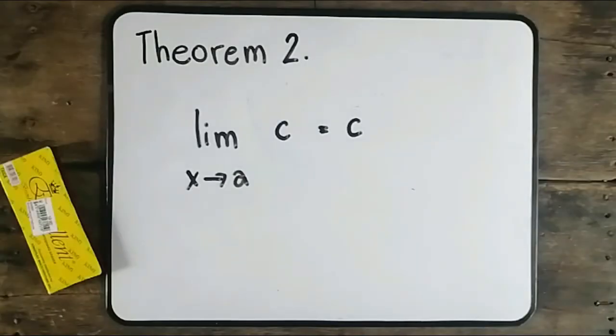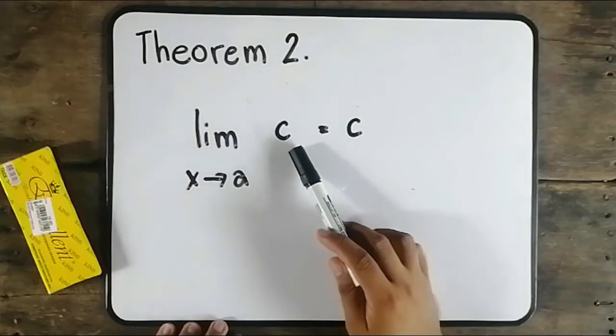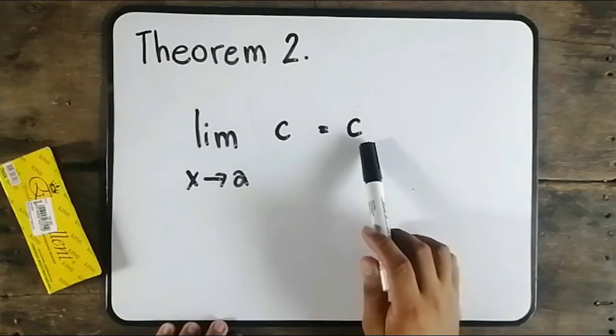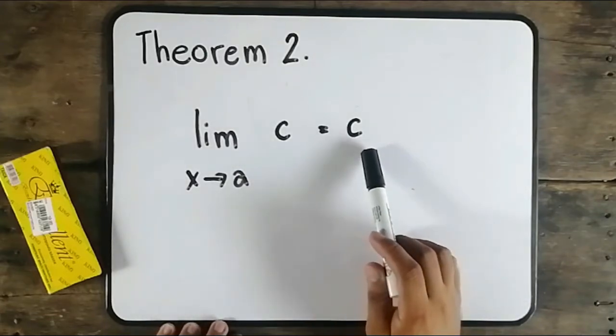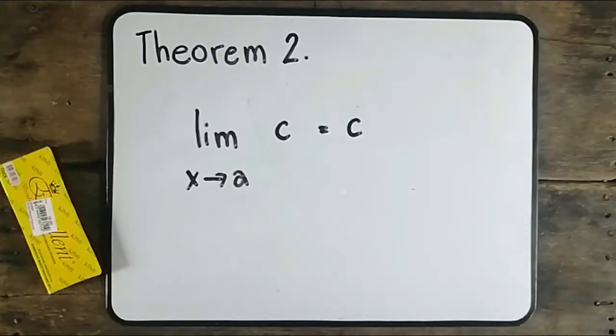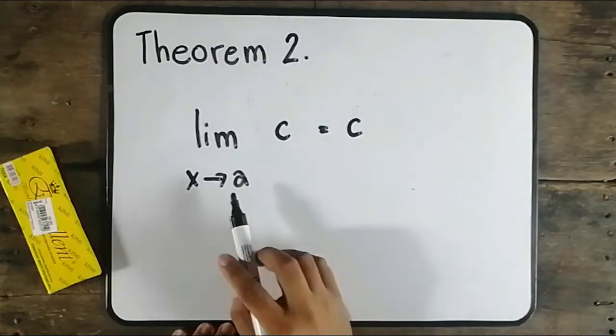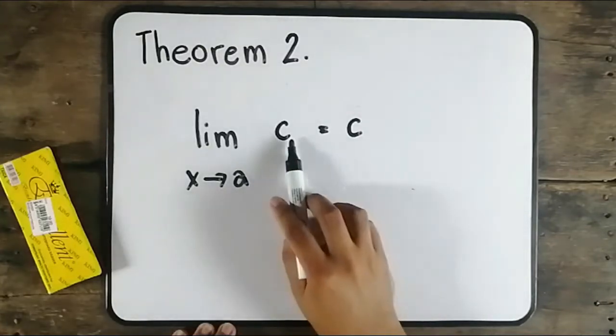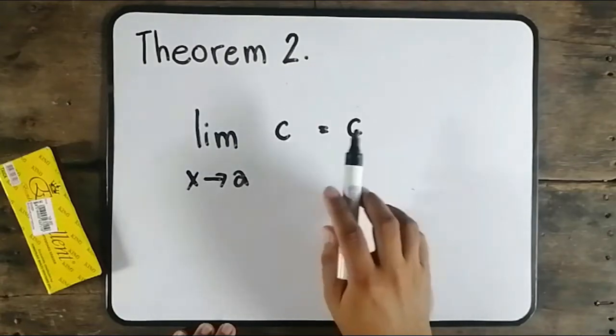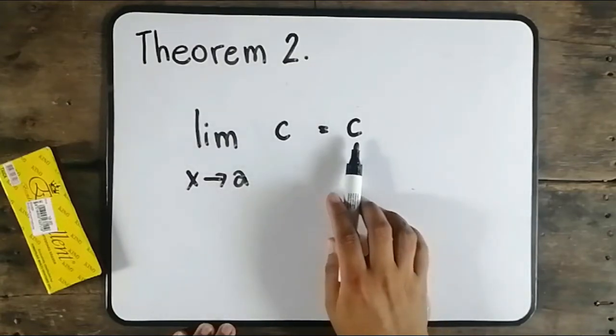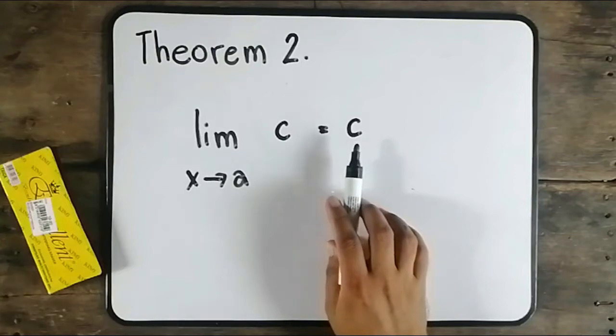Theorem number 2 states that the limit of a constant as x approaches a is equal to the constant itself. So whatever man na value ng a nyo dito, basta constant yung hinahanap ninyo na limit, the answer will always be the constant.